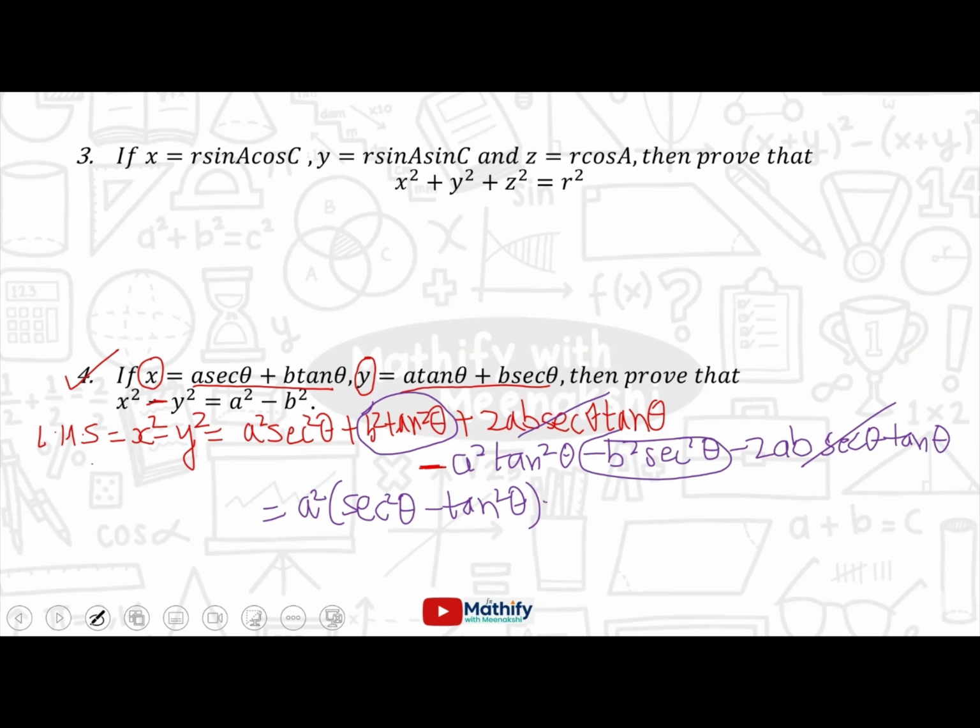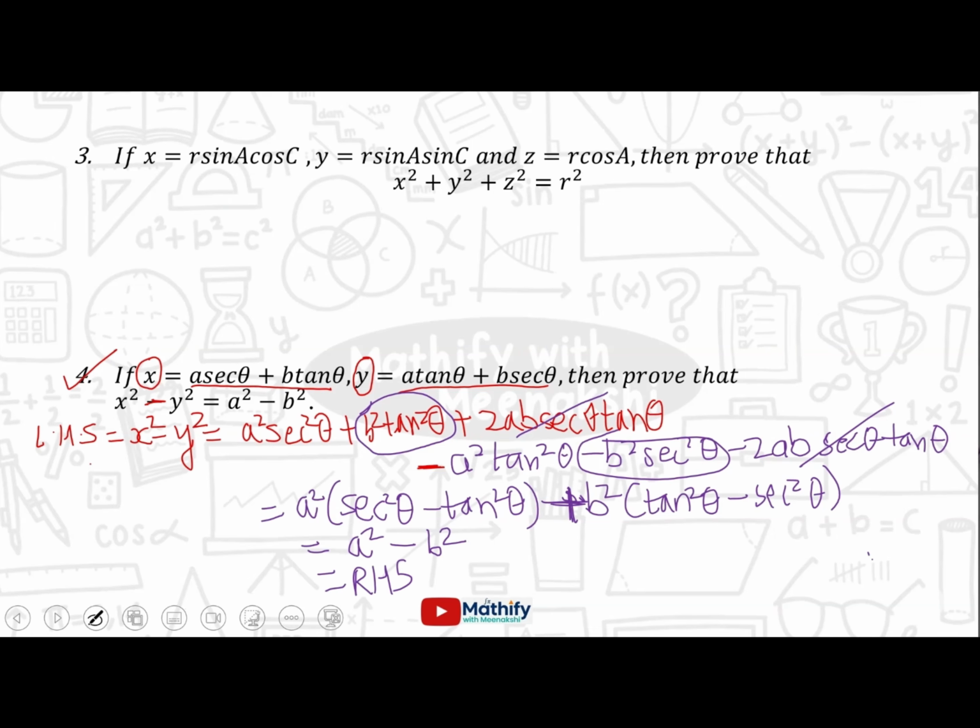So positive b square in the bracket, you can write tan square theta minus secant square theta. Now, what is secant square theta minus tan square theta? That is 1 only. And what is tan square theta minus secant square theta? As I told you, secant square theta should come first. If not, then you will change the sign. It's positive, so you will write minus, because tan square theta minus secant square theta is minus 1. That is a square minus b square. That's it. We have proved this is equal to RHS.